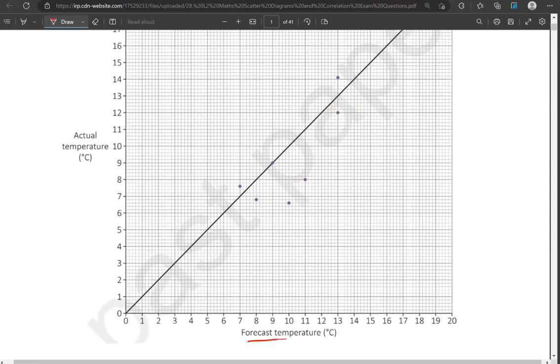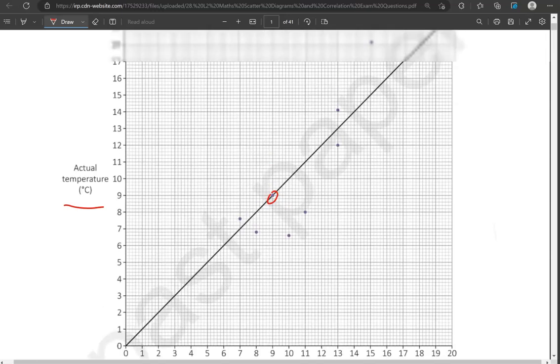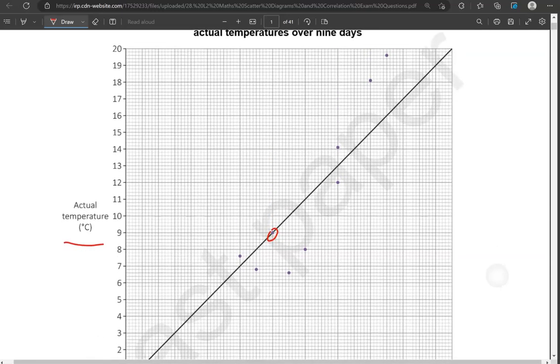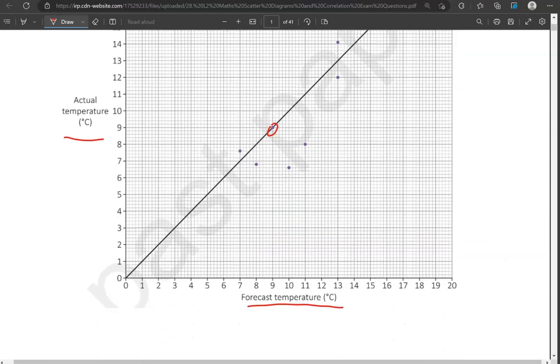So we've got forecast temperatures and actual temperatures. These ones within the line, they are accurate. So we've got this one here, forecast as 7 degrees, but the actual temperature was 7.5.